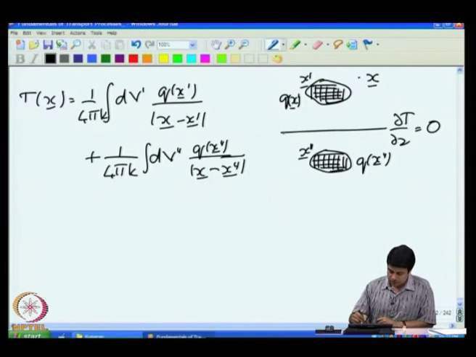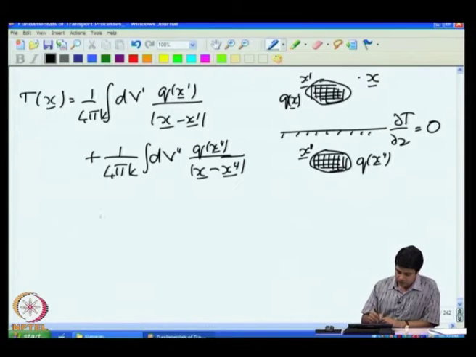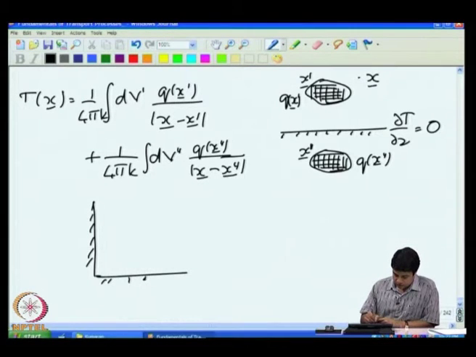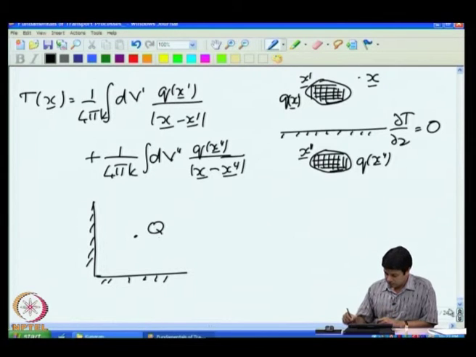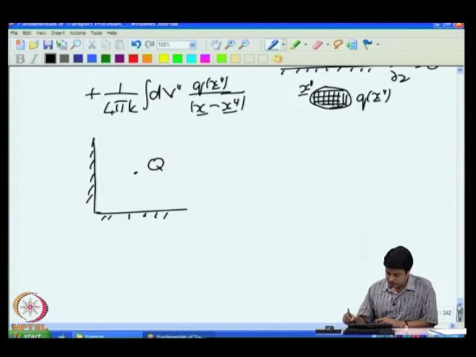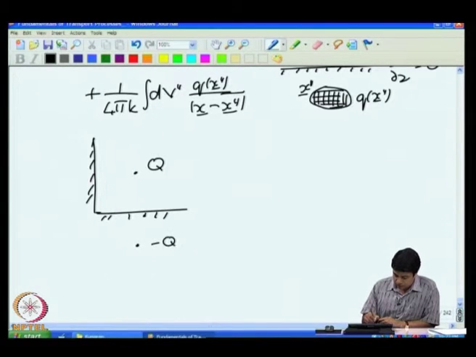So, this works when I have just one wall. If I have two walls with a corner, and I have a source q here. If these two walls have 0 temperature, then by symmetry I need to put minus q and plus q here.